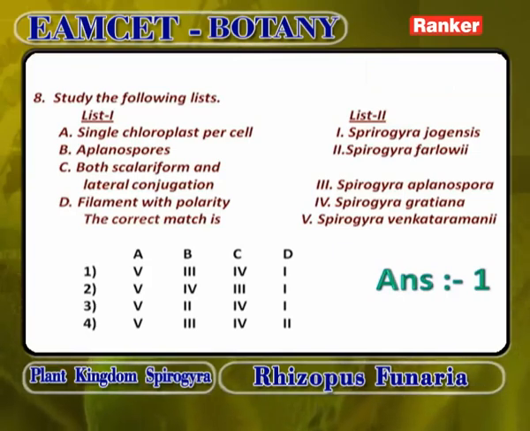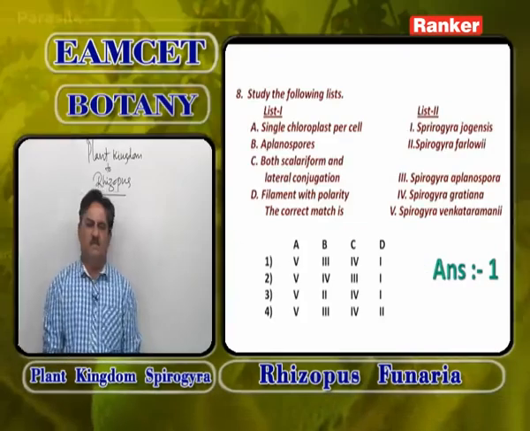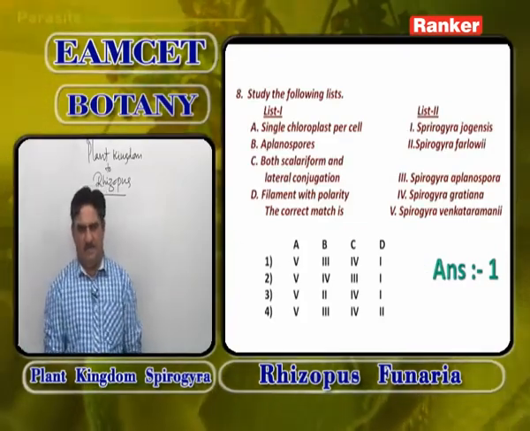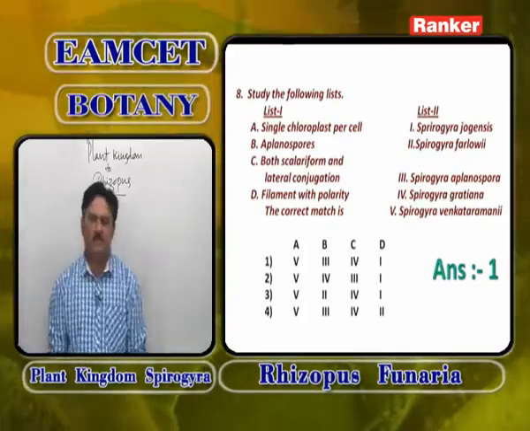So, single chloroplast per cell is Spirogyra venkatramani. Aplanospores are Spirogyra aplanospora. Farlowii always produce echinids. Then both scalariform and lateral conjugations are found in Spirogyra graciana. And filament with polarity: majority of the free floating filaments in Spirogyra do not show an apical cell and basal cell.